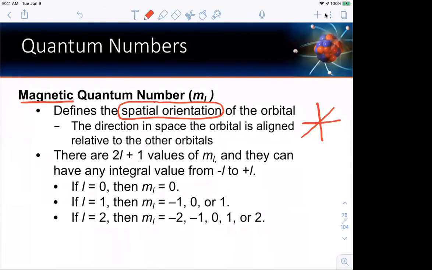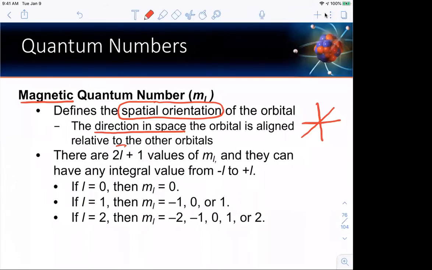Do they lie along the x-axis? Do they lie along the y-axis? Do they lie along the z-axis? Are they in the xy plane? Are they in the yz plane? We're going to use the coordinate system in order to designate the direction in space that the orbital is aligned relative to all the other orbitals.